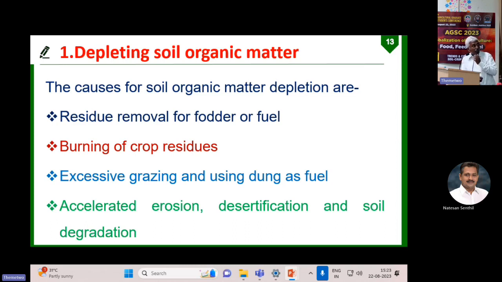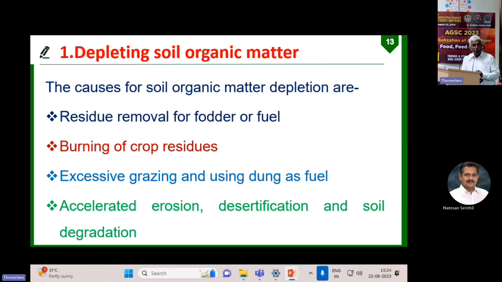This organic matter is being depleted because of several problems listed here, like residue removal for fodder and fuel. In most cases, the residue that we are supposed to maintain, maybe as mulch, we are removing as fodder or fuel, and even because of mechanization we are unable to maintain it.